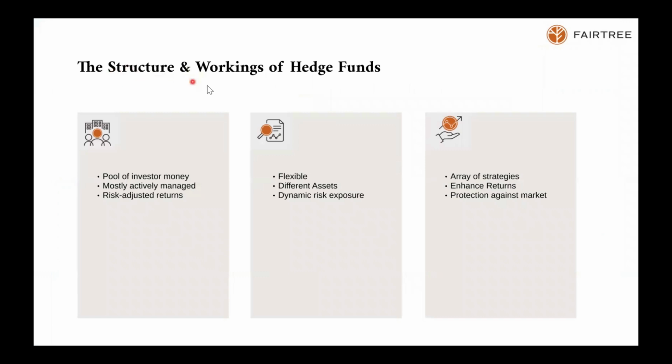So what exactly is a hedge fund? A hedge fund is a pool of investors' money that is mostly actively managed by portfolio managers and their teams. Their objective is to generate optimal risk-adjusted returns for investors in all market conditions. In other words, they strive to gain profits to the degree of risk that must be acceptable in order to achieve it.